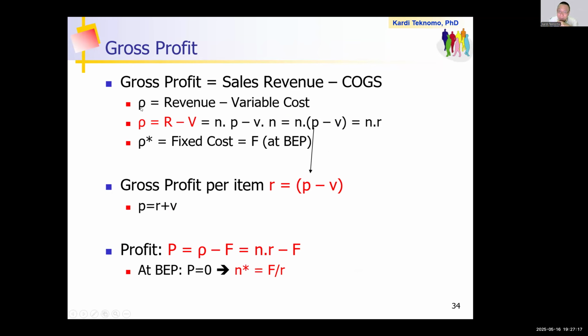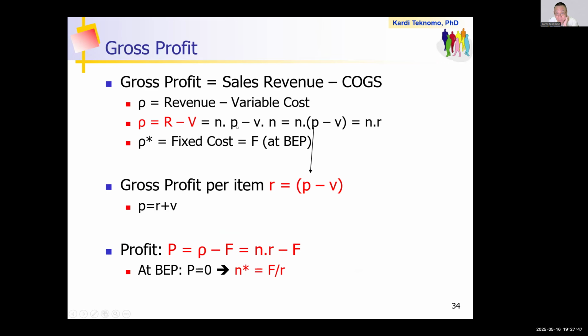I will use rho to represent revenue minus variable cost. And why are we doing this? Because at PEP, the gross profit is just the same as the fixed cost.